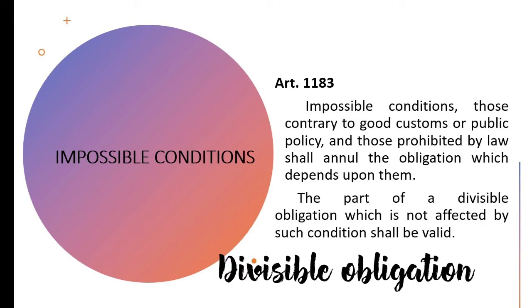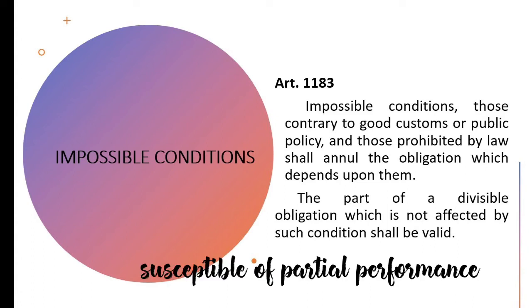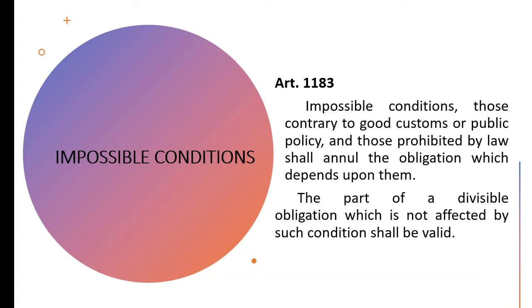Note that divisible obligations are those which have as their object a prestation which is susceptible of partial performance without the essence of the obligation being changed. We shall discuss divisible obligation in the next video.